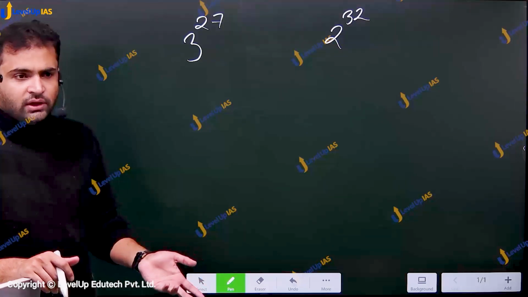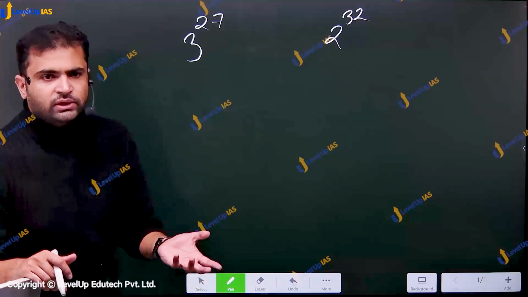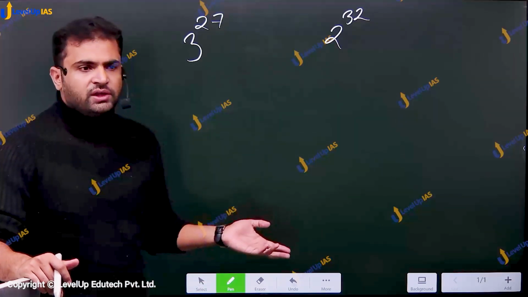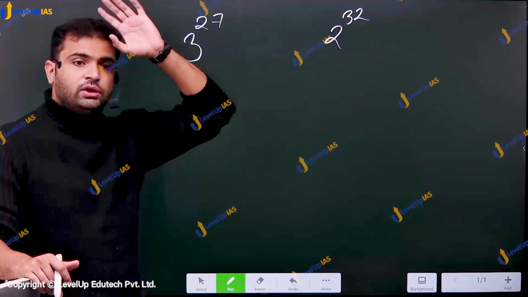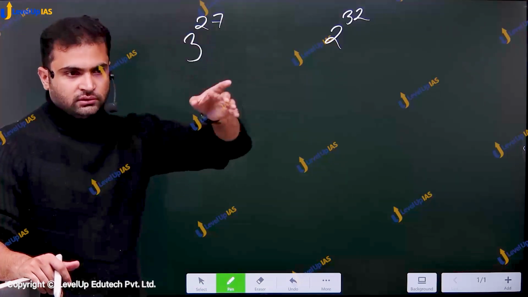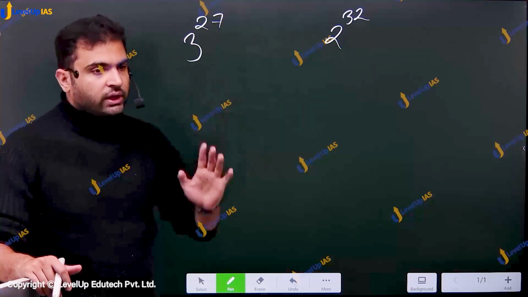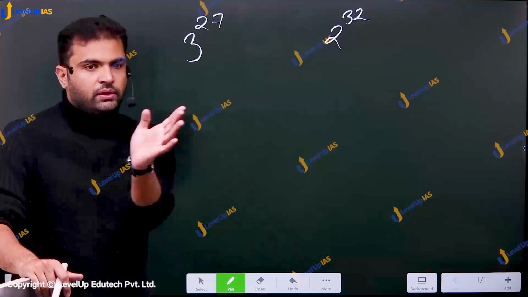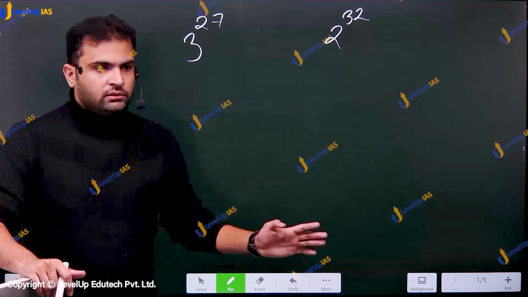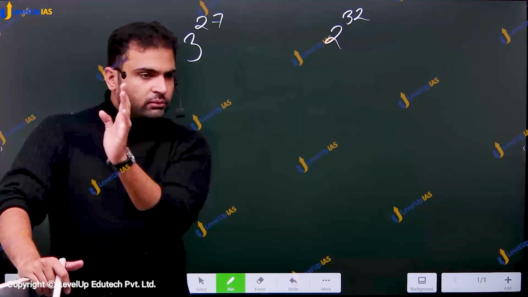I try with a hunch. Now from my experience I know that 3 cubed is 27, 3 to the fourth is 81, 3 to the fifth is 243. That I know, that powers of 3 go up very, very quickly. They move ahead very fast.